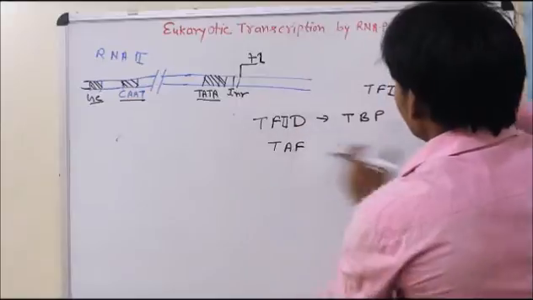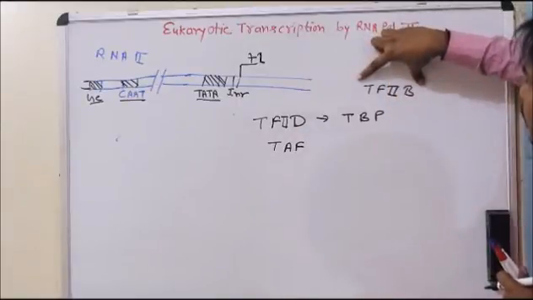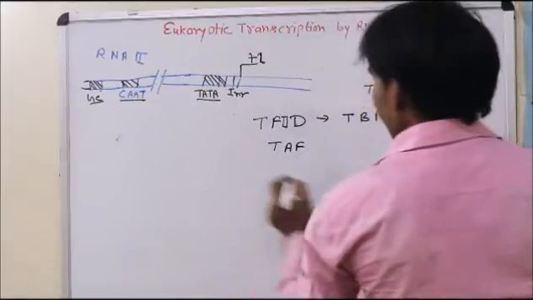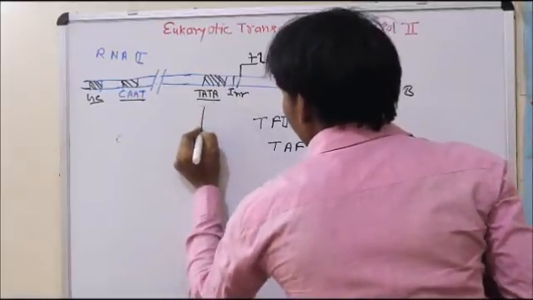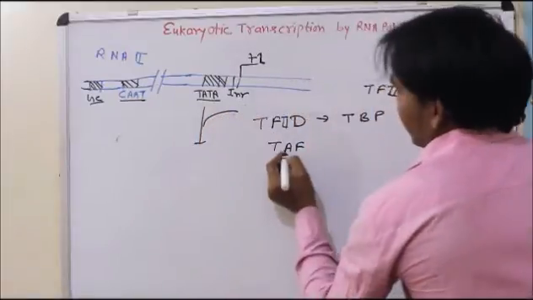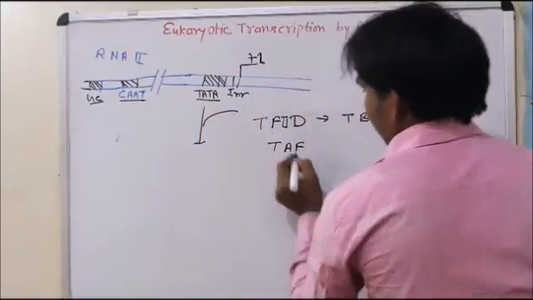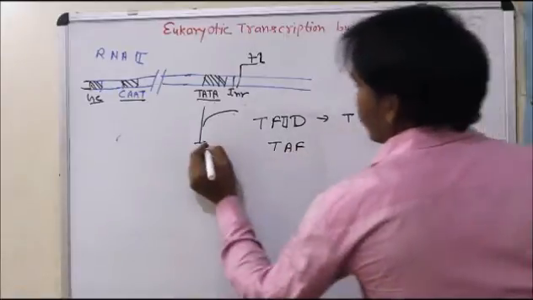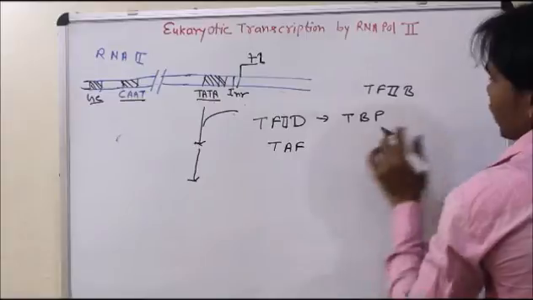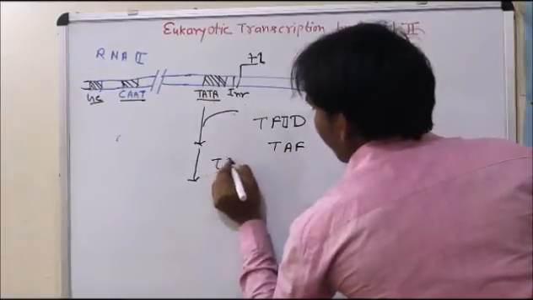Transcription factor IID provides the pathway for transcription factor IIB. So in the reactions, first comes transcription factor IID and the transcription associated factors, and then comes transcription factor IIA.